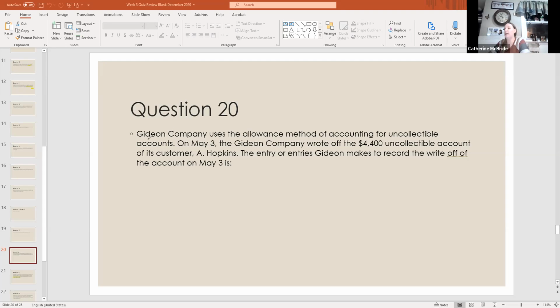In this case, Gideon Company uses the allowance method. That just means that we record the allowance for doubtful accounts during the same period that we made the sale.